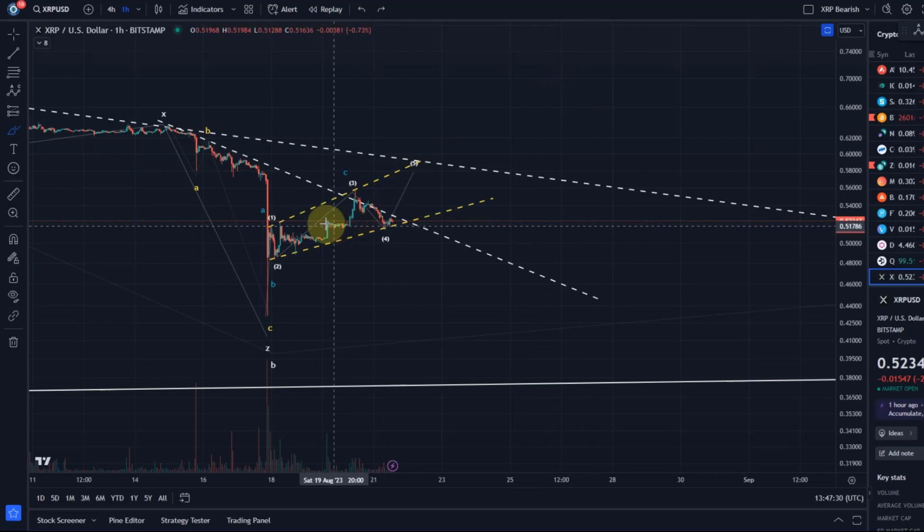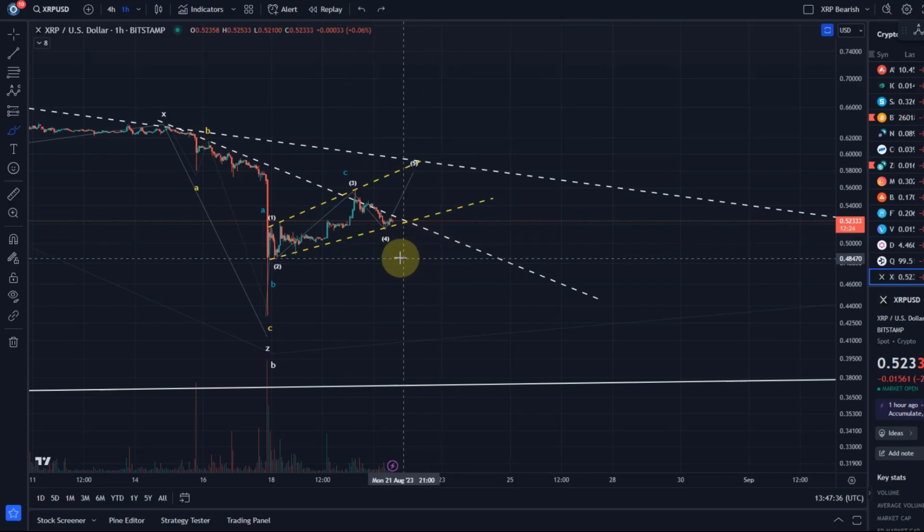However, to really have some confidence that the pullback or the retracement or the breakdown will lead to a higher low instead of a lower low, I would like to see another high above that 3rd wave high, which is above 55.8 cents.